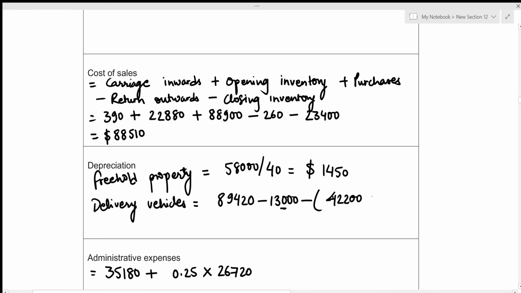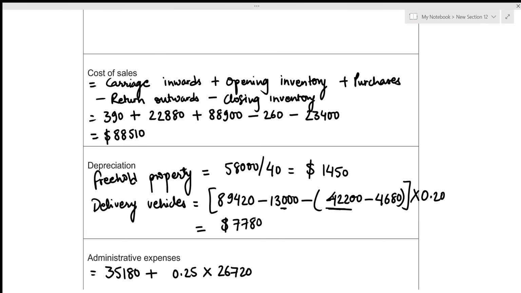So that accumulated depreciation should not be included in this value. Let's just reduce that as well. All right, now we can multiply it with the rate. The rate is just 20%, which can be written down as 0.20. So this gives us the depreciation on delivery vehicles for this particular year to be 7,780.